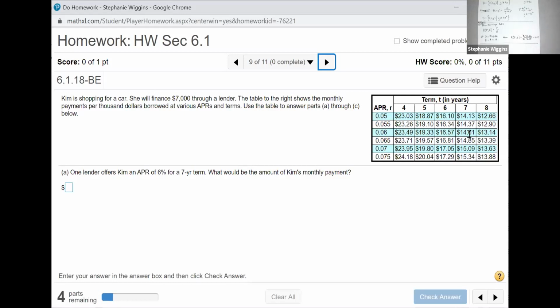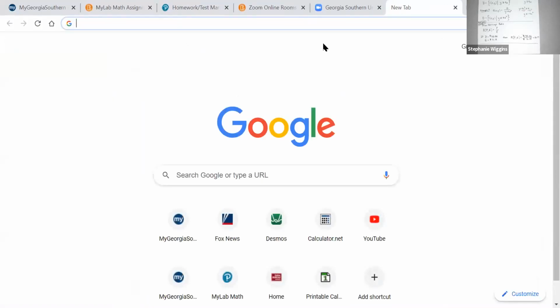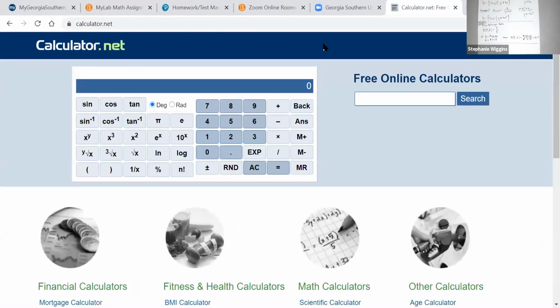So I'm going to go over to my calculator real quick, and let's see here. I hope you can see my calculator. I mean, it doesn't matter because I'll go right back to the problem here in a minute, but okay, 14.61 times 7.